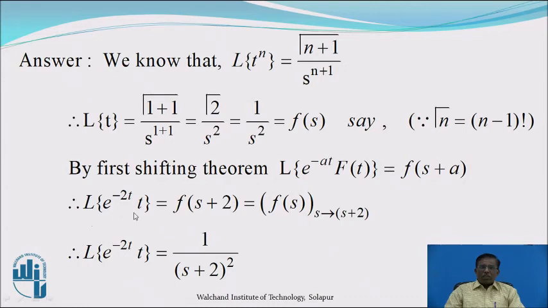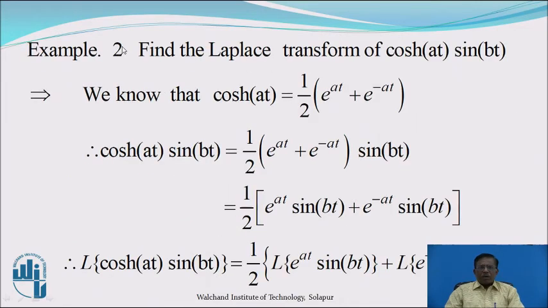Therefore, Laplace of e raised to minus 2t into t is obtained when we replace every s by s plus 2 in Laplace transform of t. We get Laplace of e raised to minus 2t into t is equal to 1 upon square of (s plus 2). Now let us consider another example.